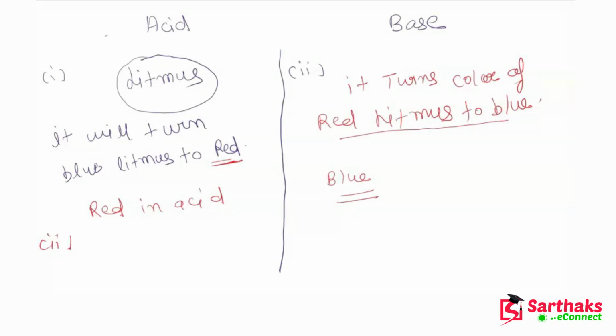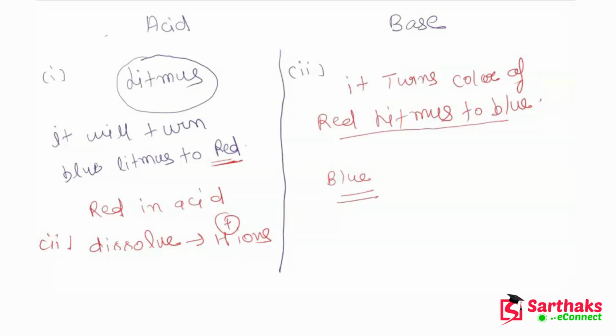If you are asked what an acid is, we will not say that acids are sour in nature and bases are bitter in nature. We should have the knowledge of a proper definition. So what is the definition of acid? Acids are the chemicals which, when dissolved in water, give H plus ions.